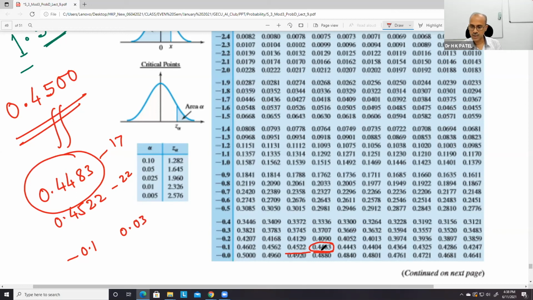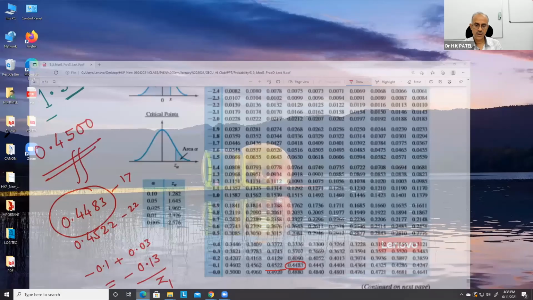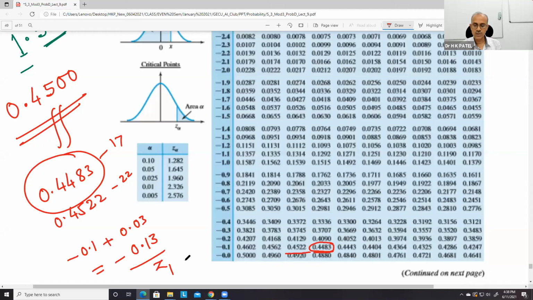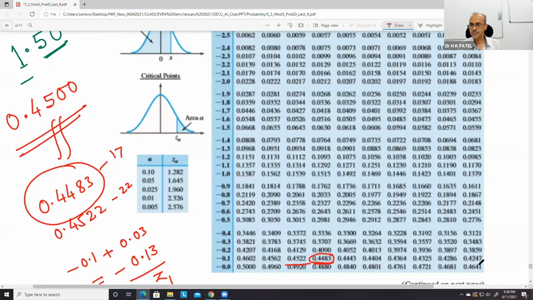This number is under 0.03, and the row goes 4, 5, 6, 7, 8, 9, up to 9 here. Therefore this number will be minus 0.13. So this is the Z value actually. So Z1 is equal to minus 0.13.